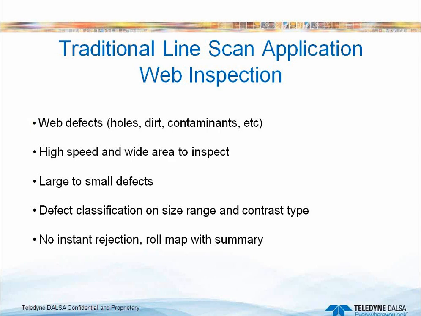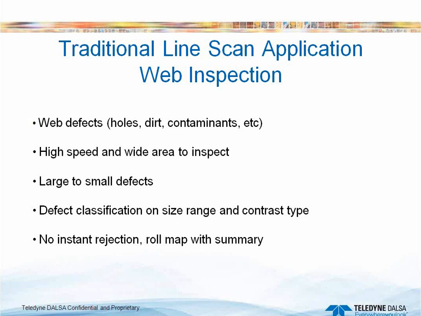One of the things that you do is classify the defects based on size range and also on the type of contrast. For example, if you're looking at a light material, a bright object could be a hole, and a dark object could be a contaminant. Then you characterize this based on, say, 50 to 100 microns, 100 to 200 microns, and so on.